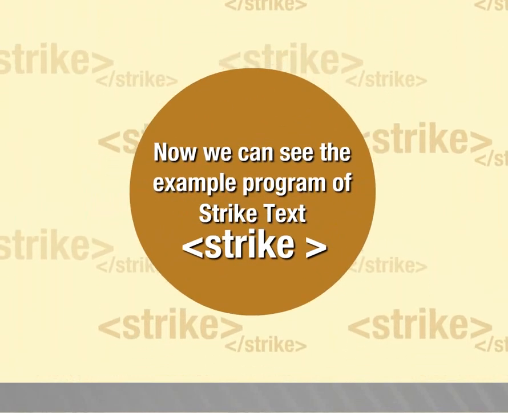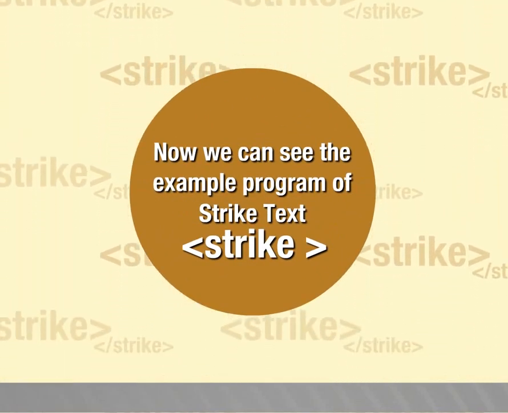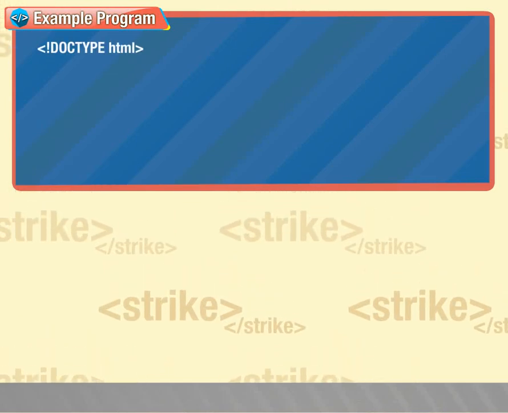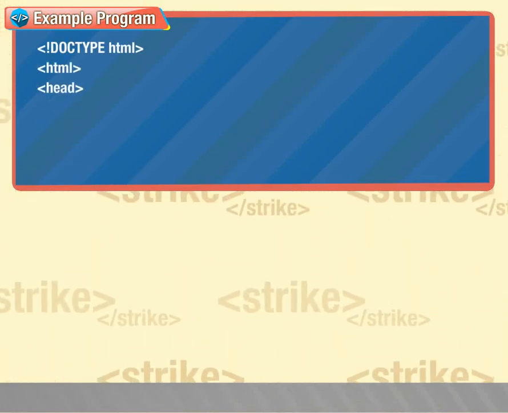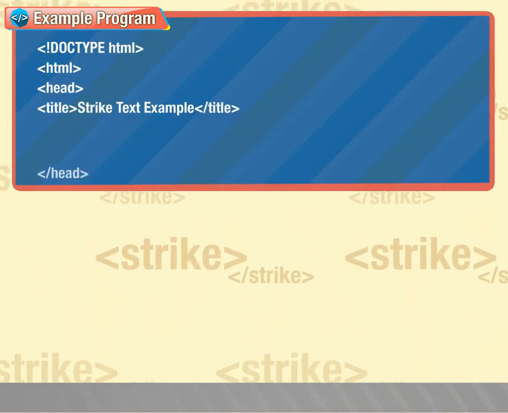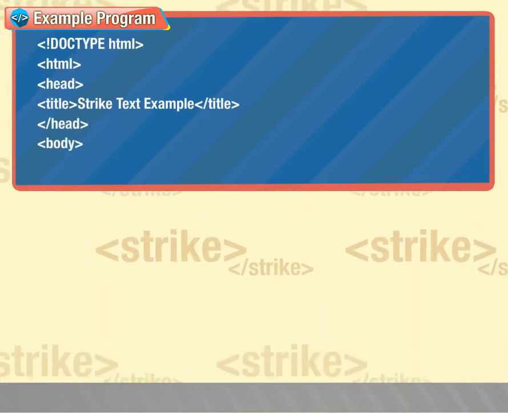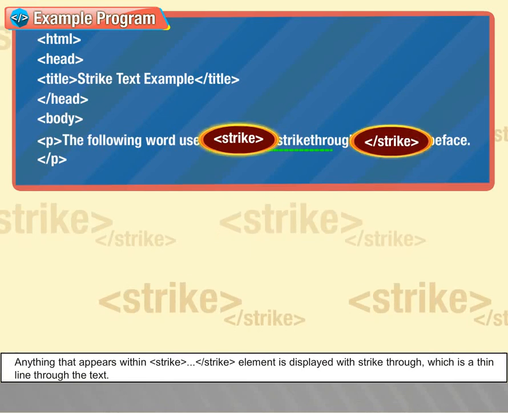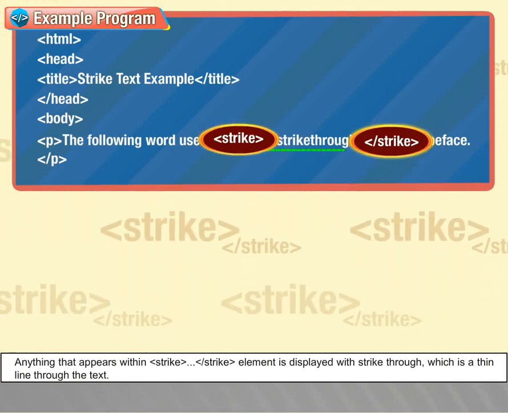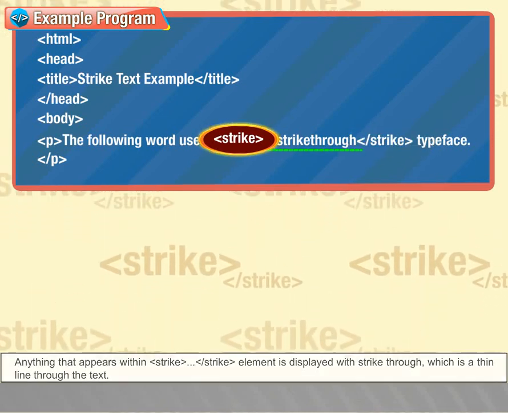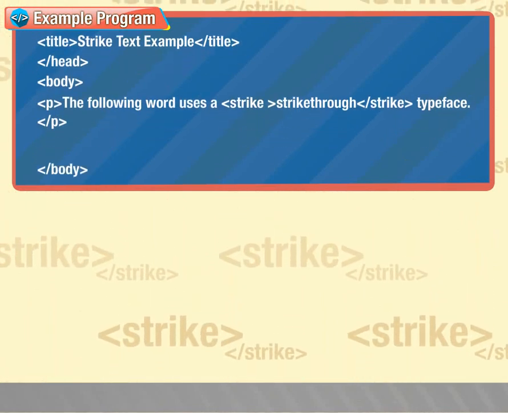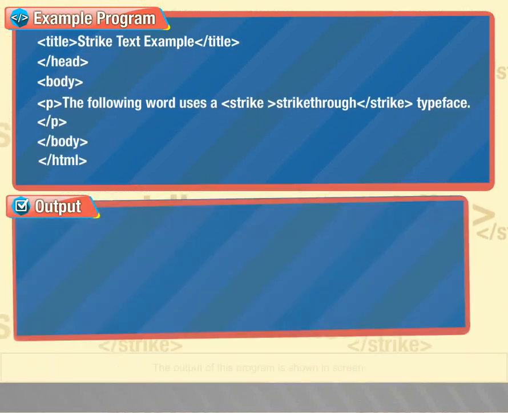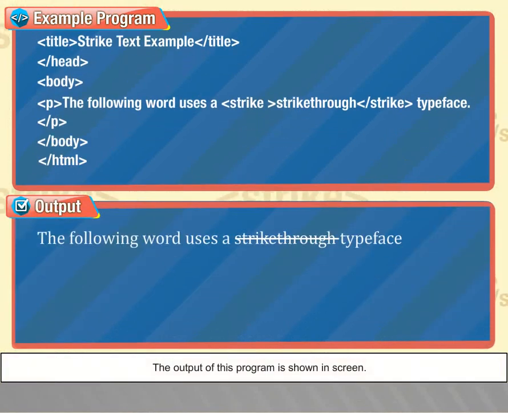Now we can see the example program of strike text. Anything that appears within the strike element is displayed with a strike through, which is a thin line through the text. The output of this program is shown on screen.